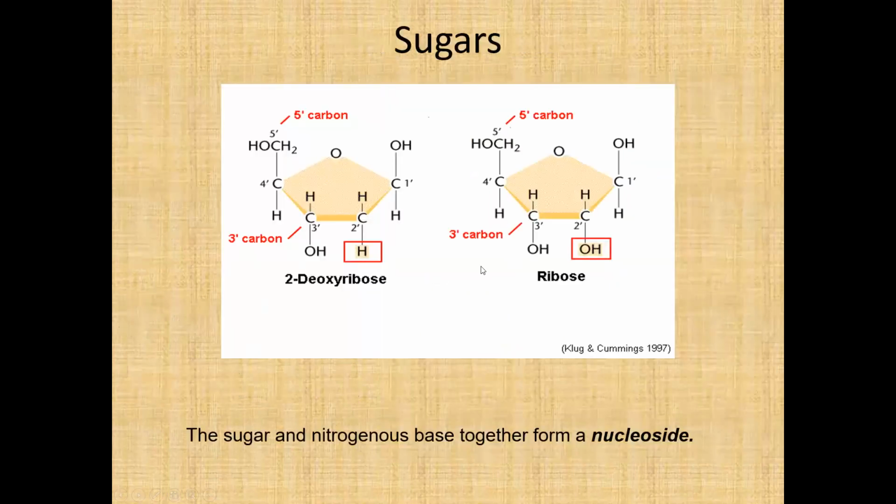As for the sugar parts of the nucleotides, we can meet two pentoses here, deoxyribose and ribose. Please remember that deoxyribose is always present in DNA nucleotides, and ribose is characteristic of RNA nucleotides.